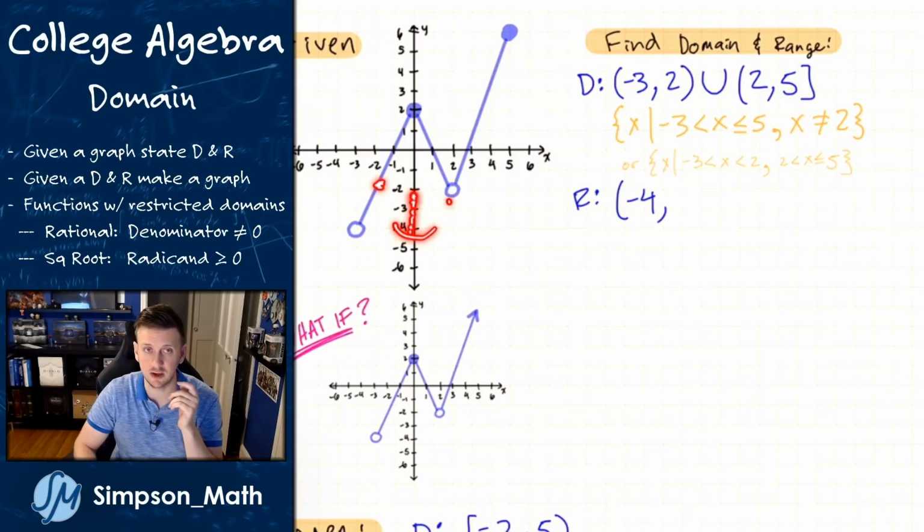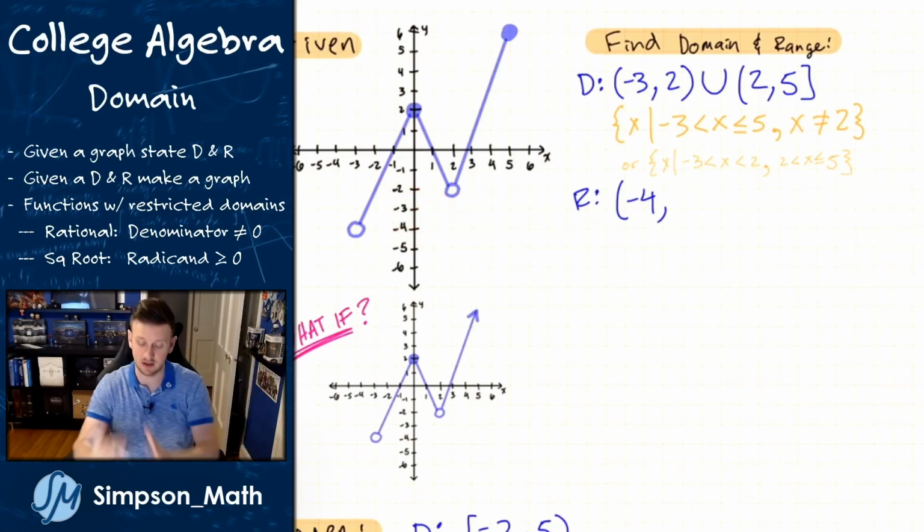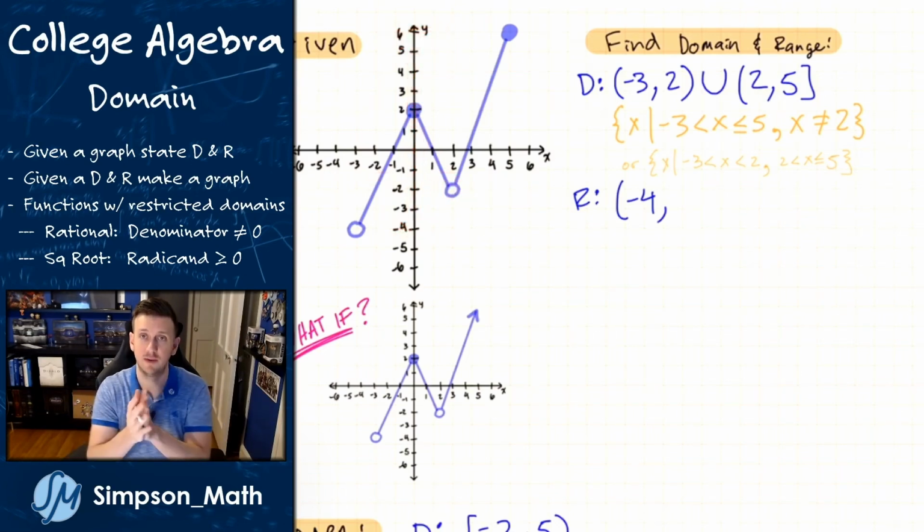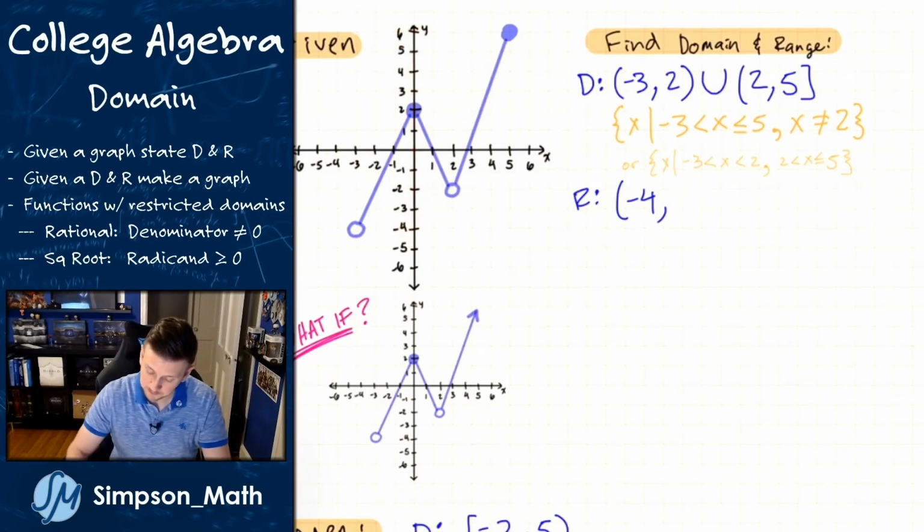Even though there's an open circle here, when I smash and bookend this onto my y-axis, this open dot gets filled in. So we're going to go from almost -4 all the way up to 6, square bracket on that 6.